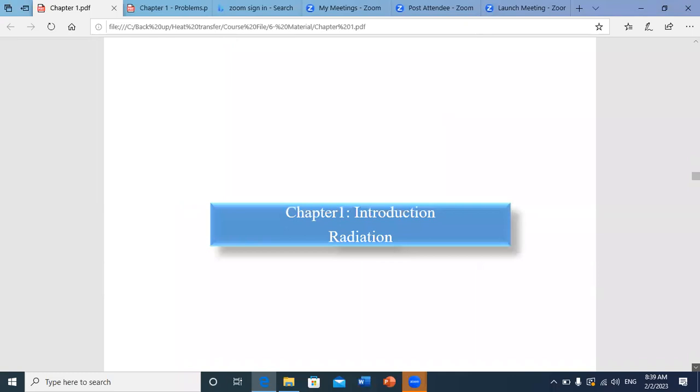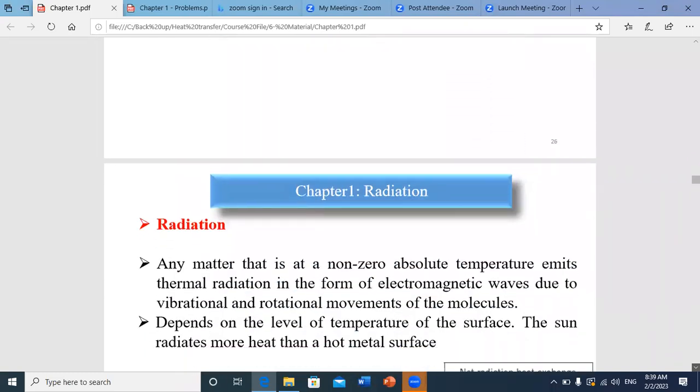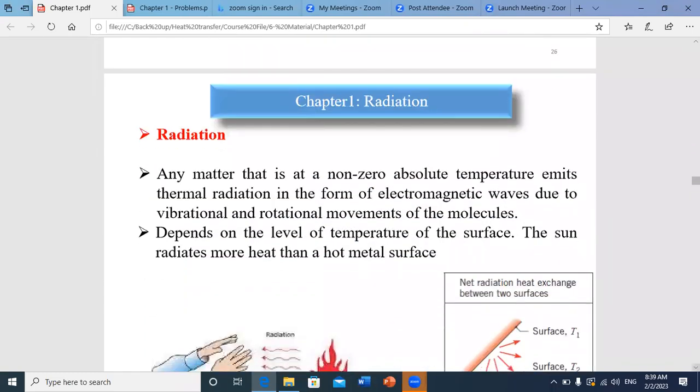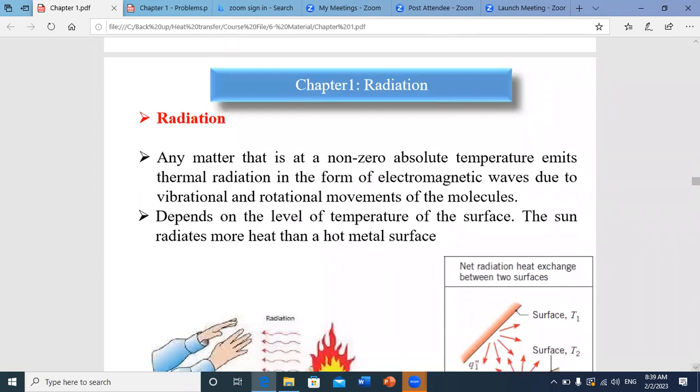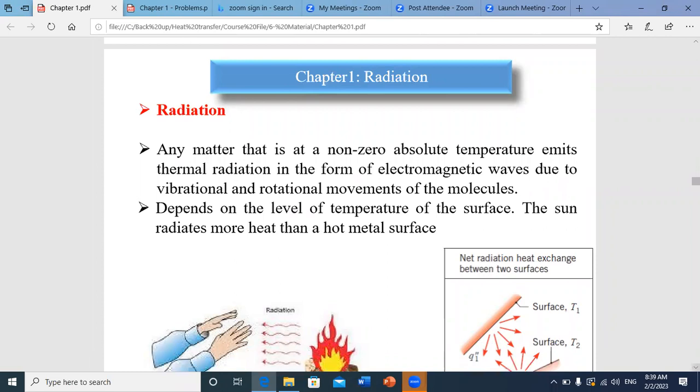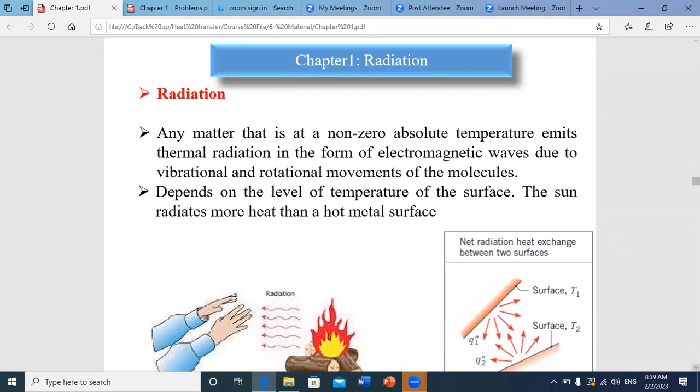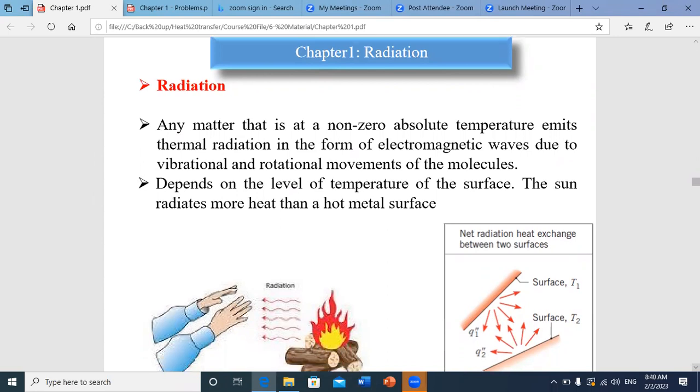Now, the third mode of heat transfer that we'll discuss together is radiation. We already know that any matter that is at non-zero absolute temperature can emit thermal radiation in the form of electromagnetic waves because of vibrational and rotational motion of the molecules. So radiation does not require a medium to take place.